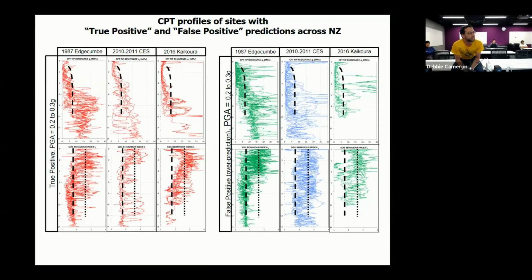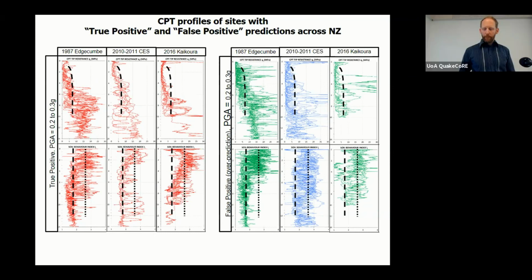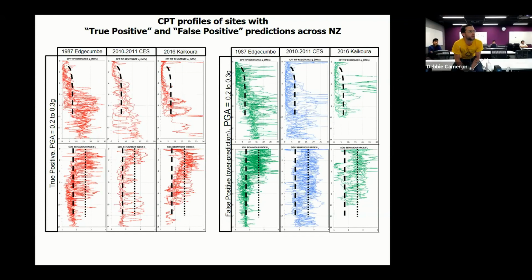It seems to me that actually for the Kaikoura event, the profiles basically look the same, whether they're false positive or true positive. Then there are the highly interbedded systems, which are the false positives for Canterbury, but then these profiles look way more similar to the true positives of the Edgecumbe earthquake rather than the false positives.